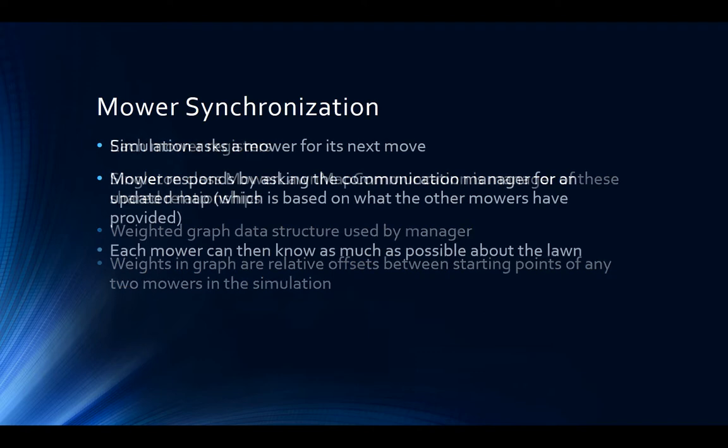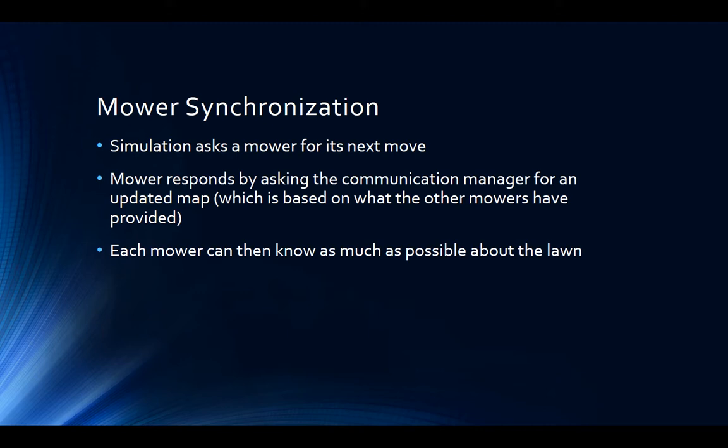Now, how this data structure is populated is that as mowers move, as the turns occur, the simulation asks the mower for what it wants its next move to be. The mower responds by reaching out to the communication manager and asking for that updated map.